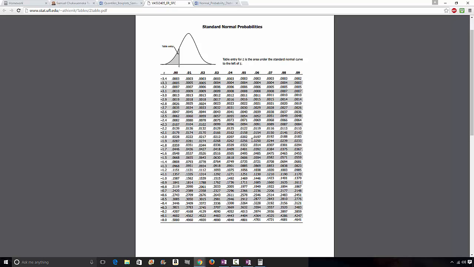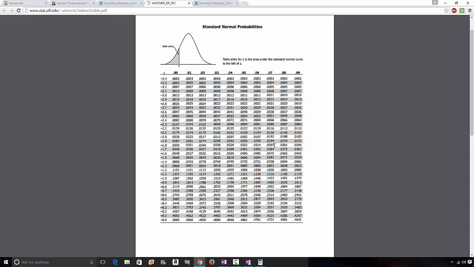So 25, 26, 27, 28. So this is 0.0287, and this is 0.0294.